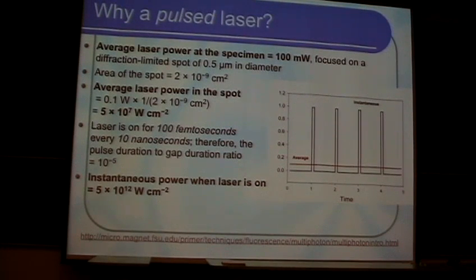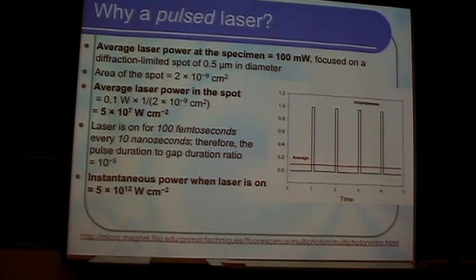And so here I give you one example of the typical laser powers that could be used in the two-photon fluorescence microscopy approach.